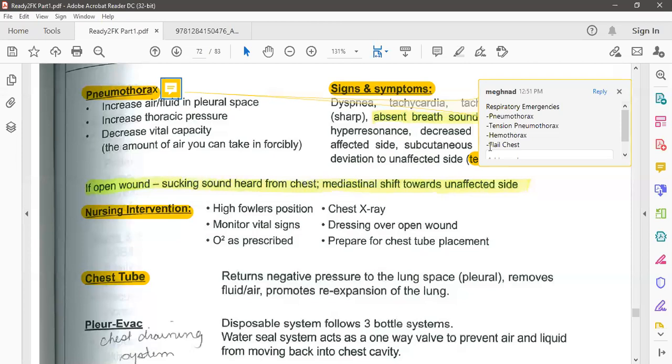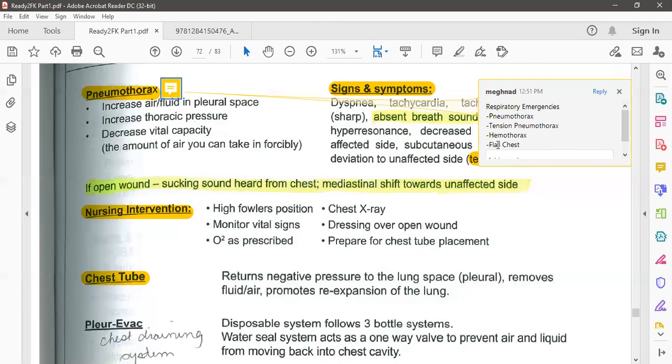The last one is flail chest. What does flail chest mean? The chest wall's expansion is limited due to multiple fractures of the ribs. Let me explain: someone is injured in a car accident, the ribs are broken, and the lung is collapsed or bulging outside.